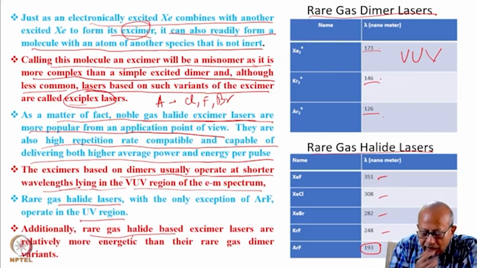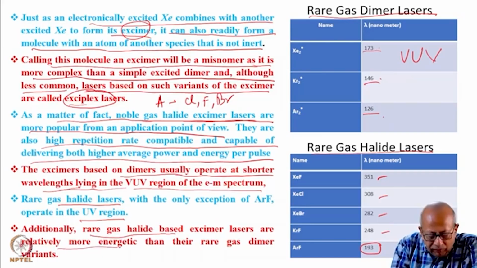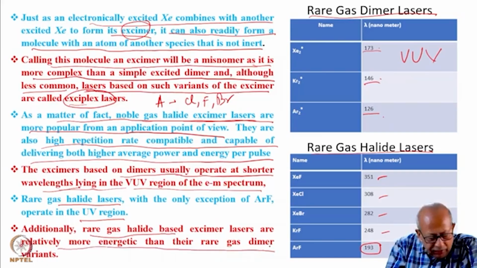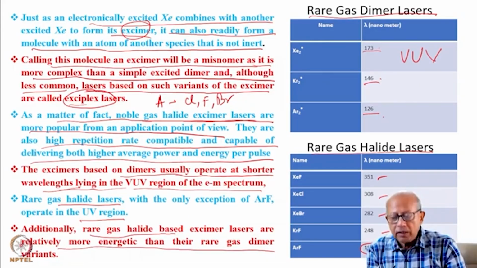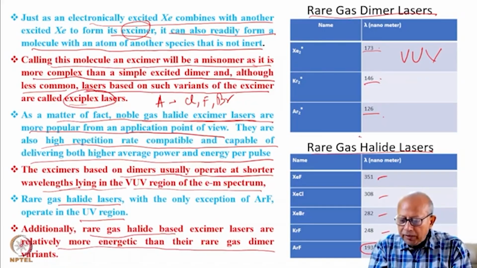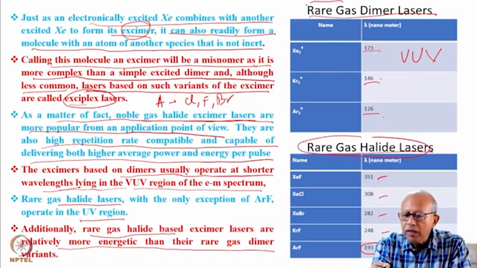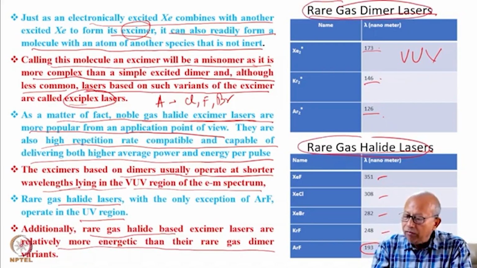Additionally, rare gas halide based excimer lasers are relatively more energetic than their rare gas dimer variants. More energy can be obtained from rare gas halide lasers compared to their rare gas dimer variants.